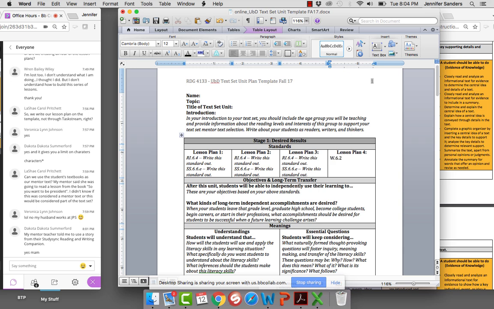So I know that's standard 6.2 where they're writing informational text. And so I'm going to say W 6.2, and of course I'm going to write this standard out, but then I keep this standard because that's my social studies standard.